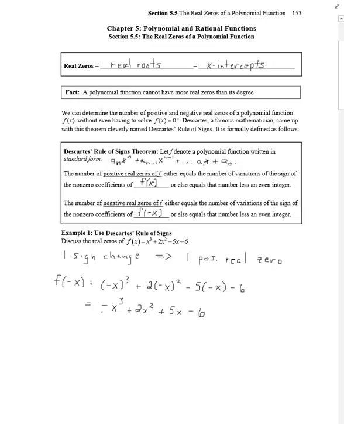So how many sign changes do we have this time? We have negative to positive, that's one sign change. Positive to positive, not a sign change. And then positive to a negative, so that's a second sign change. So we have two sign changes in f of negative x, which means we have 2 or 0 negative real zeros.